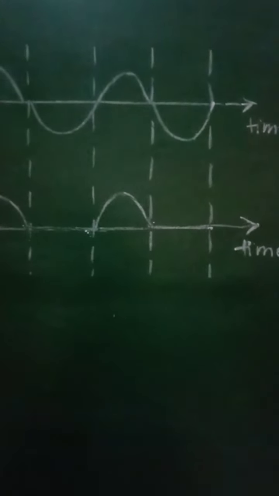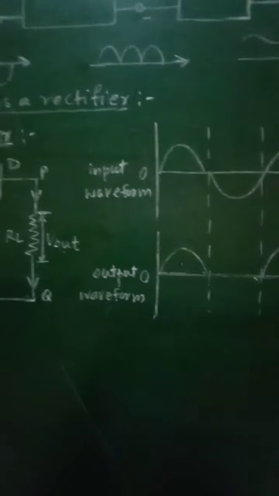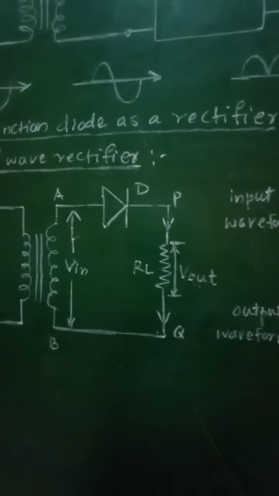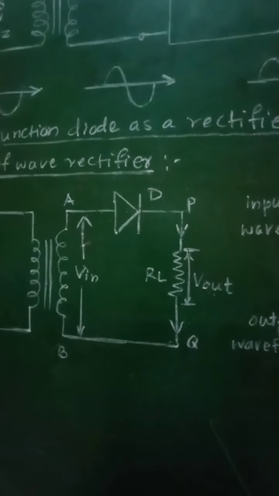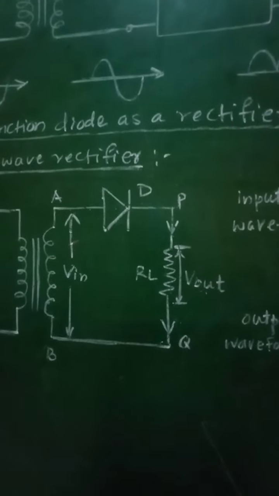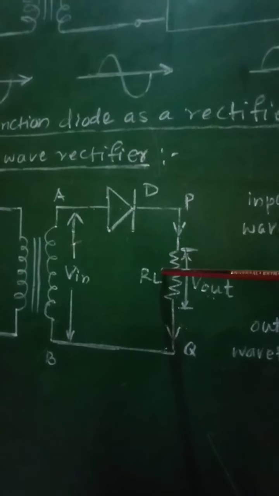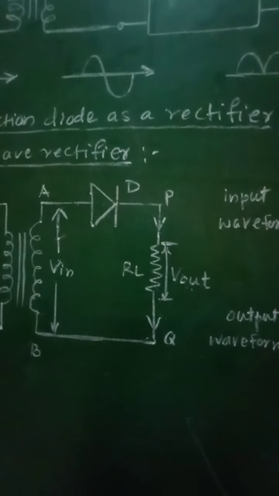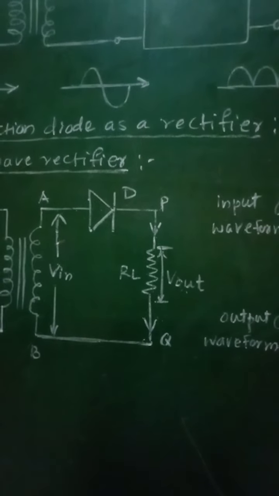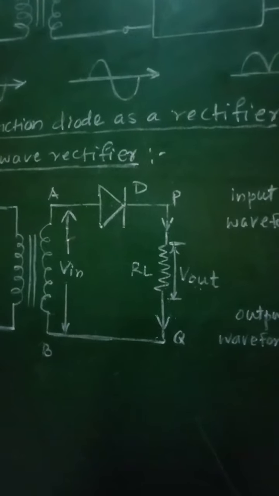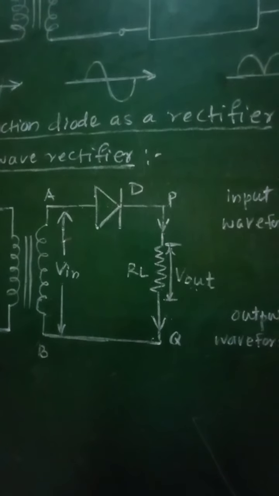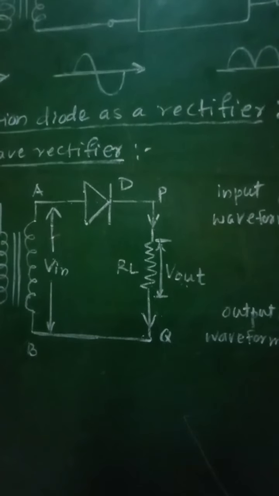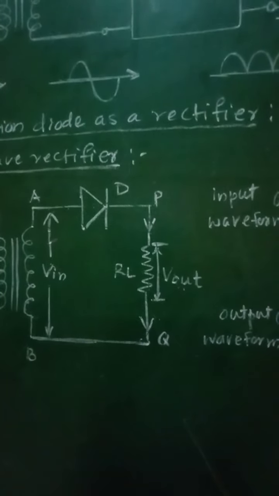So in this way, only during the positive half cycle of the input signal, the diode will be forward biased and hence it will give rise to current and we will get output voltage across this load resistance RL, and therefore we can say that the half wave rectifier will rectify only half of the input signal. That is, it will convert half of the input signal from AC to DC.